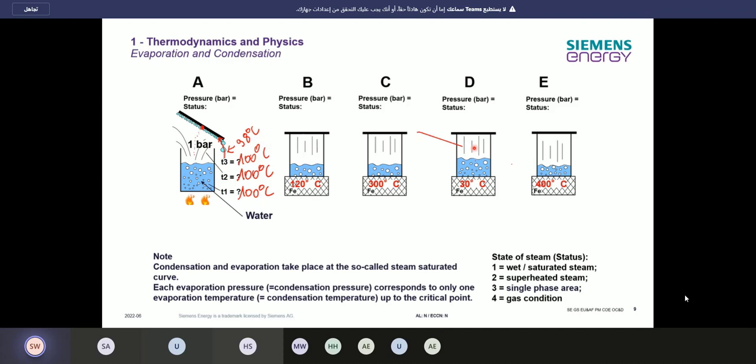So you will have a certain vacuum in here that you're getting the 30 degrees. So we saw before 32.9 degrees Celsius, roundabout 0.05 bar. So something like this you will have in here. And then 400 degrees, of course, is a superheated value. So this is just examples in here. I will not go too far with this one.